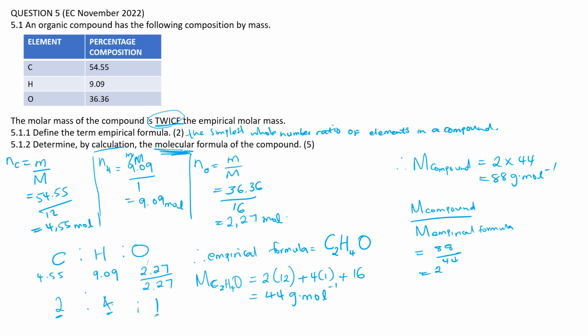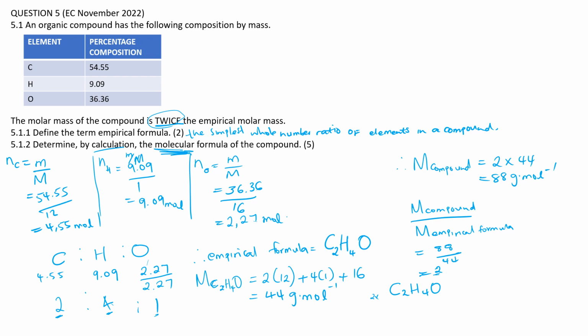So the number we get there is 2. And now we know the number that we're going to use in order to get the molecular formula. Remember we have C2H4O. This number of atoms, we're going to multiply by 2.